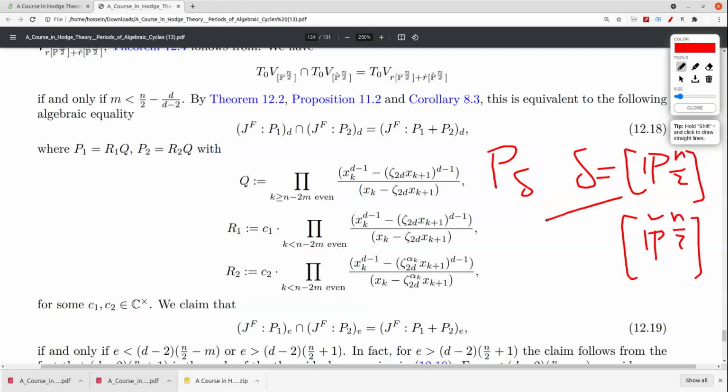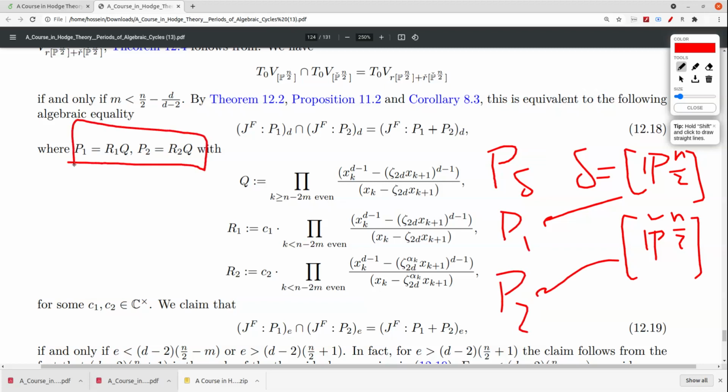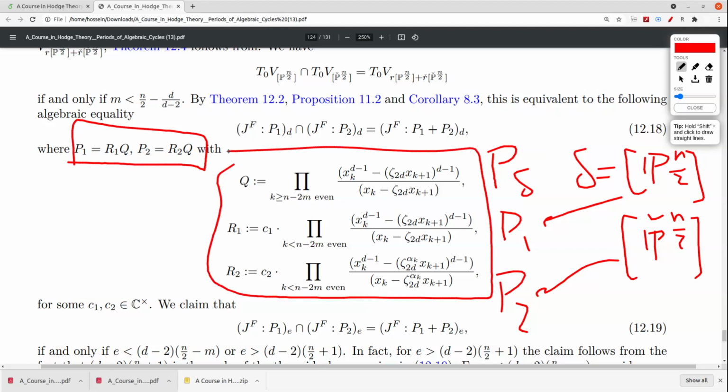So for this one, we call it p1, and for this one, let's call it p2. And you see that we can get explicit expressions for p1 and p2. It's this one, r1q, r2q, and then r1, r2 are given here. So they are polynomials in the xi's with 2d-th roots of unity.